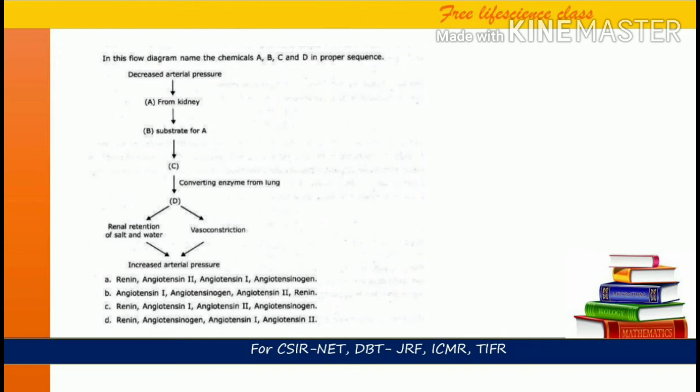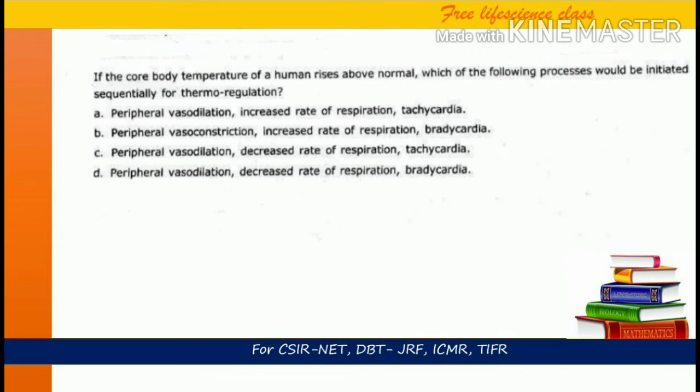Okay, now the core body temperature of a human rises above normal. Which of the following processes would be initiated sequentially for thermoregulation? So here are some processes which take place when our body temperature increases. So what are the processes?